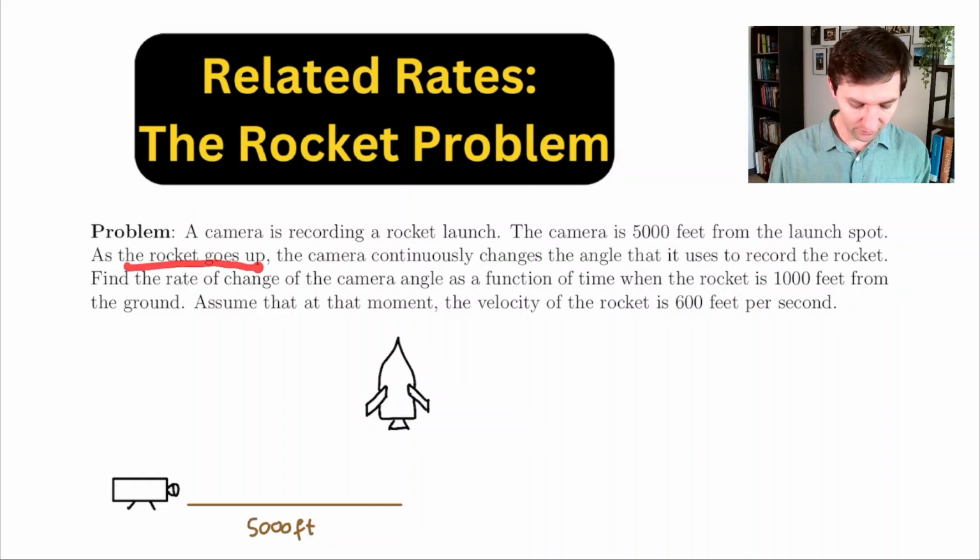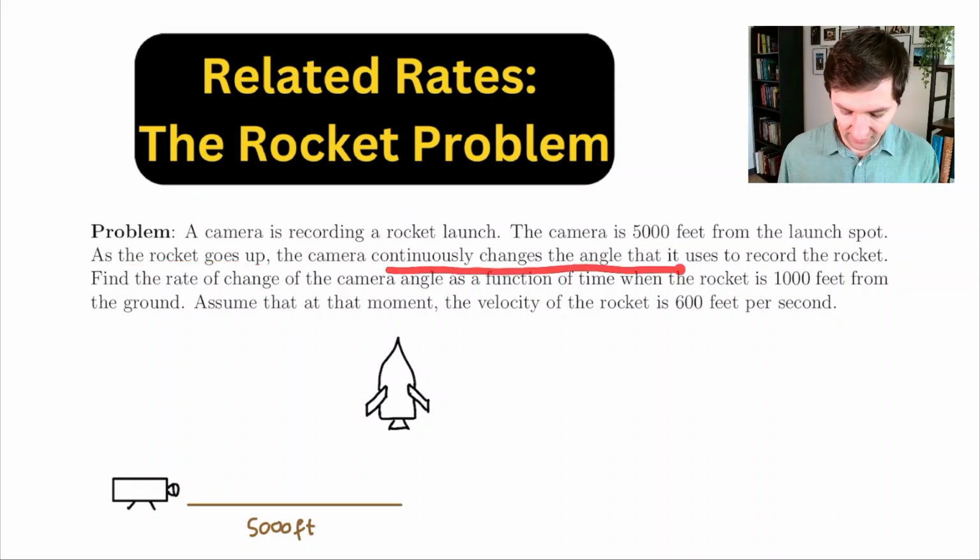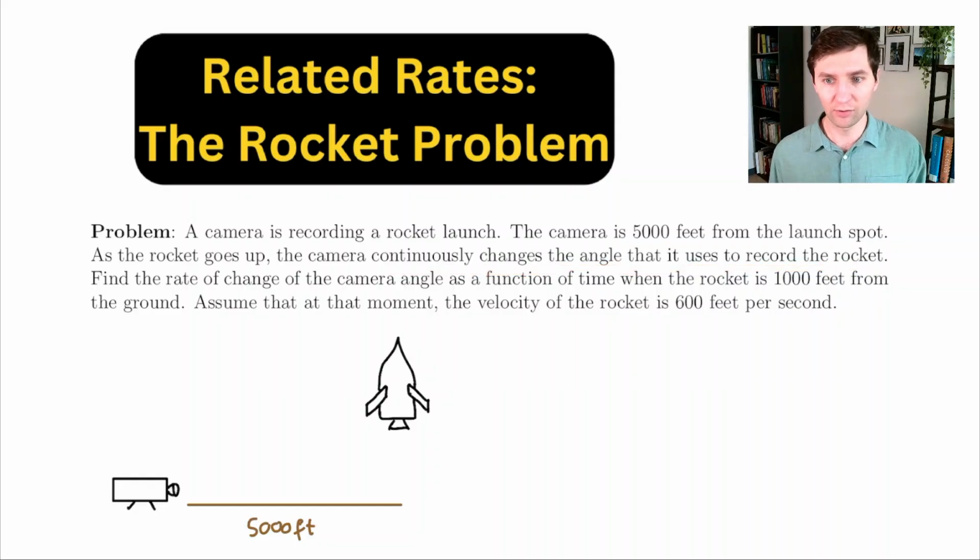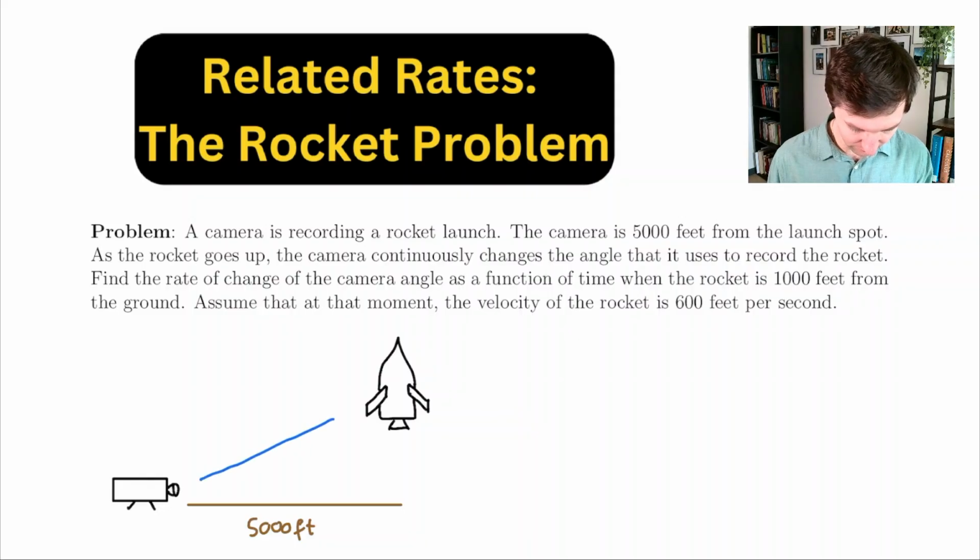As the rocket goes up, the camera continuously changes the angle that it uses to record the rocket. The camera is recording the rocket, which creates an angle that I will call theta.